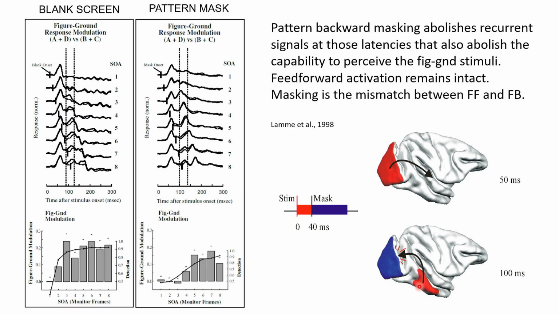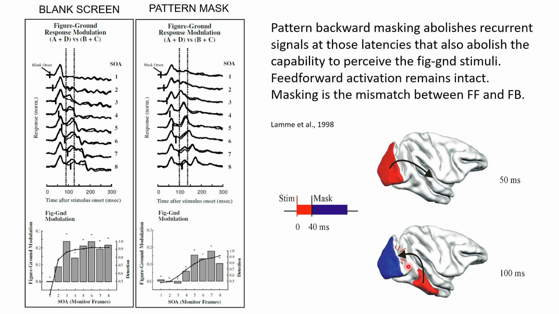But at the moment that these higher regions want to reach back to primary visual cortex to initiate these recurrent interactions, which normally induce perceptual organization, of course they cannot do that anymore, at least not in a meaningful way, because now the information in primary visual cortex is about the mask and no longer about the stimulus.